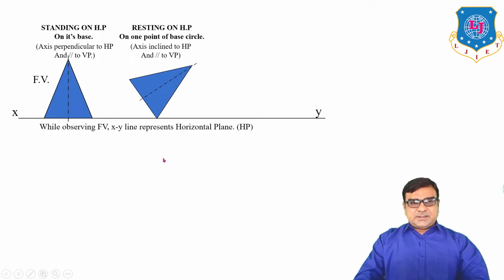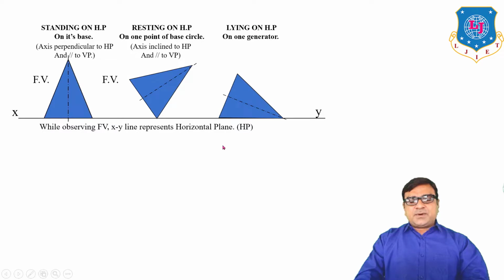So this is the axis inclined to HP and parallel to VP. If a cone is lying on HP on one of its generators, in this case one of the generators is in HP. So in that case the front view looks like this, and the axis is also inclined to HP and parallel to VP. So these three views are the front views for different positions of the cone.